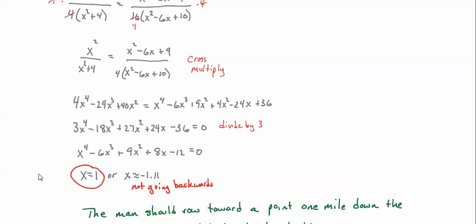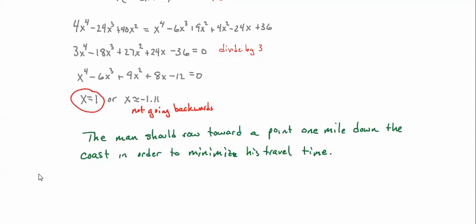I simplify, reduce it down to x to the 4th minus 6x cubed plus 9x squared plus 8x minus 12 equals 0. Now, once again using methods of precalculus, section 2.6, where we talked about the rational zeros theorem and how to find these zeros, we're just pulling out a graphing calculator and looking for intercepts here. Roots, I find that x equals 1 or x equals approximately negative 1.11.